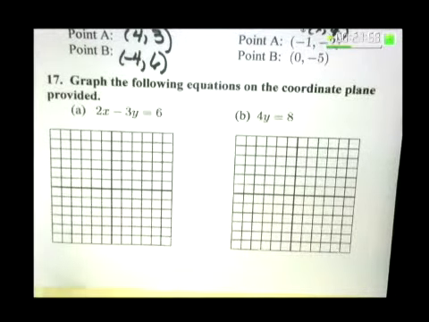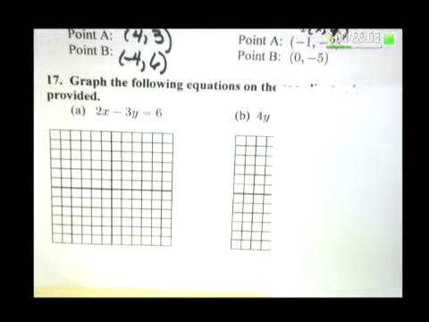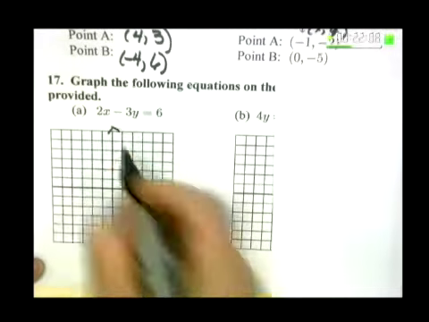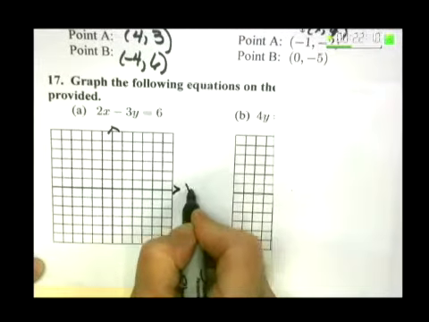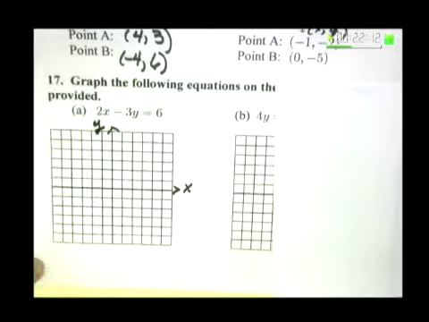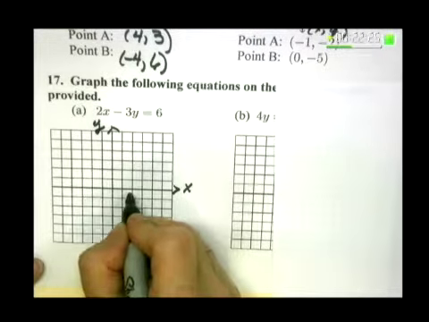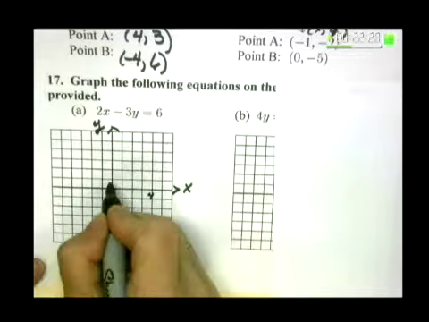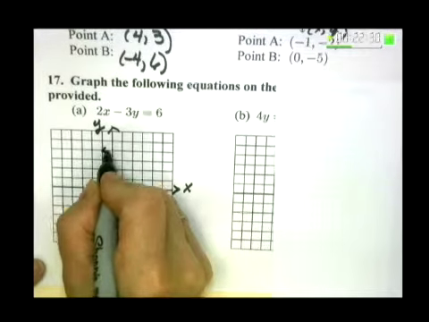In order to do this graph, I have to do some work first. Before I go any further, I'm going to label my axes. This is x. This is y. And I'm going to put some numbers on my graph. You need to label and scale. Without a label and a scale, a graph is not complete. So I'm going to count 1, 2, 3, 4. 1, 2, 3, 4.